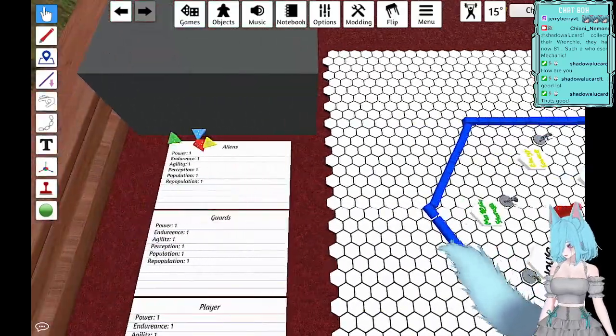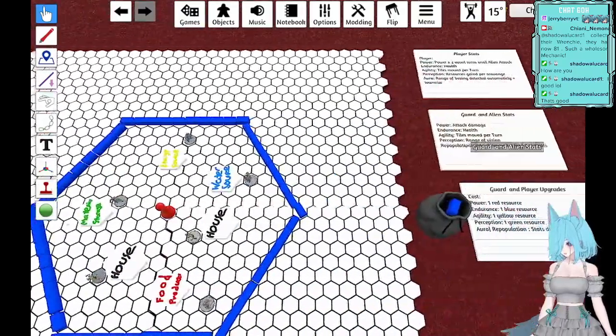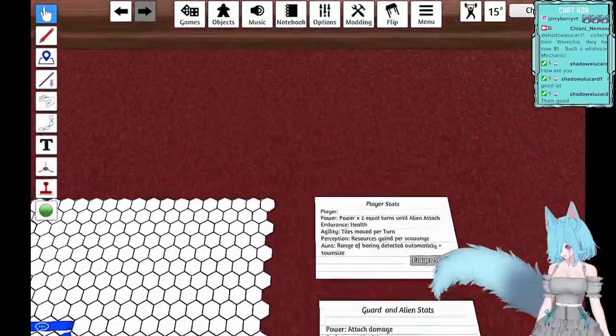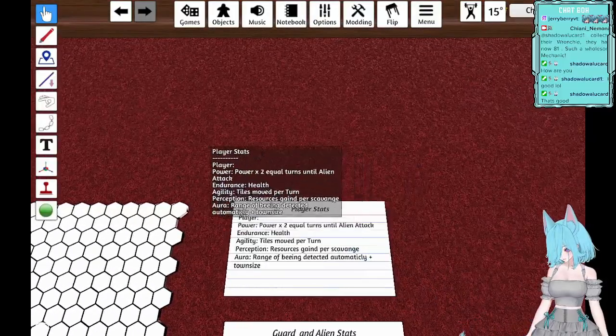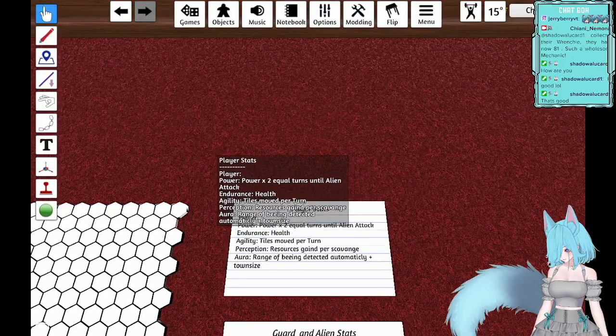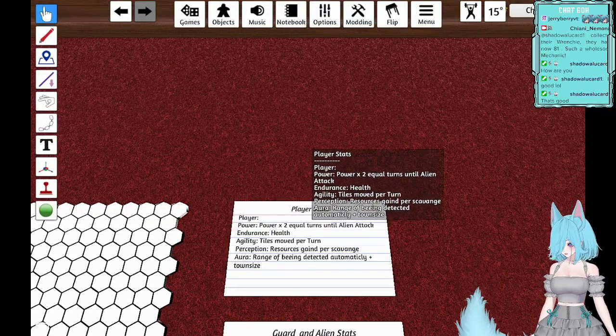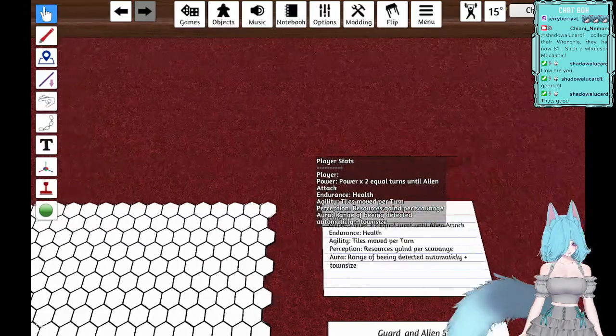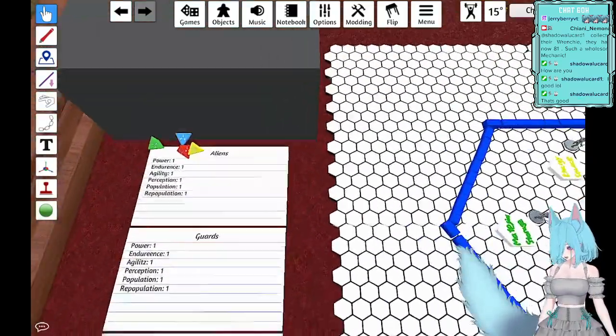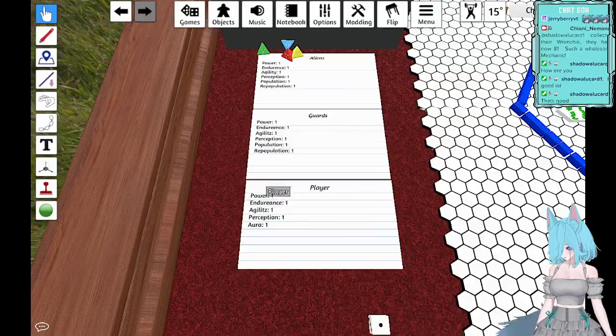We have... Here are our stats. So here you see power. Power times 2 equals the turns until the alien attack. Currently, we have all stats on 1.